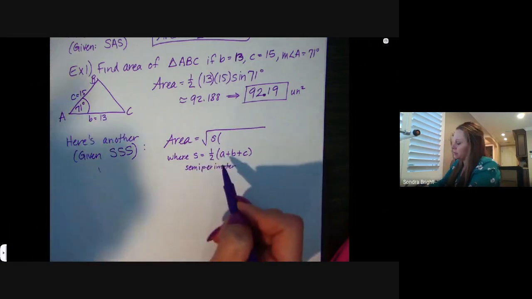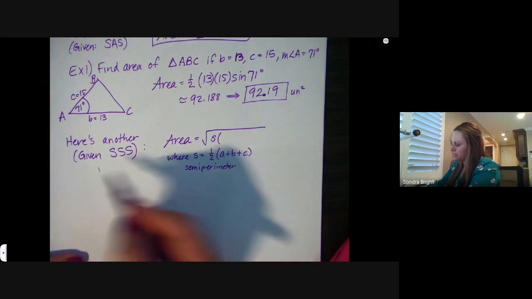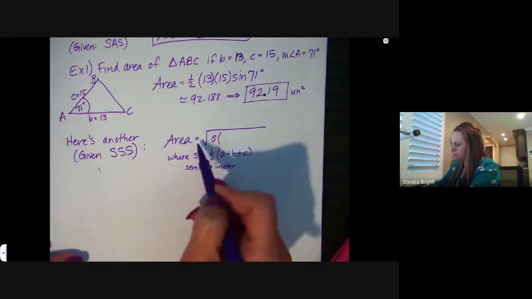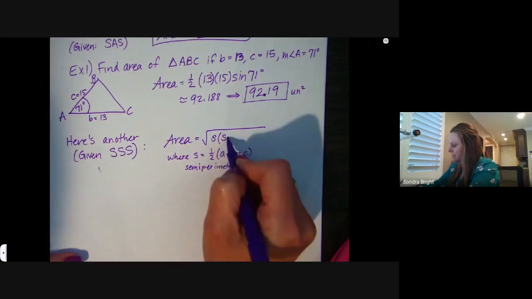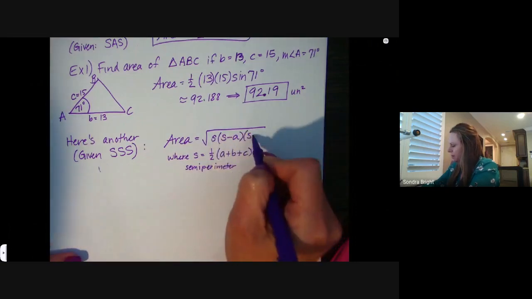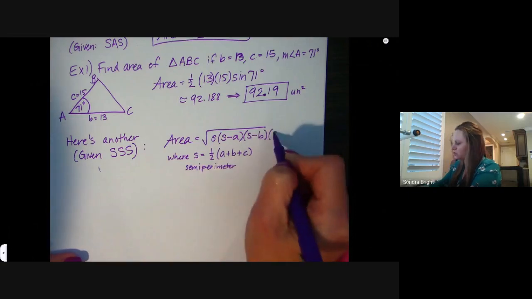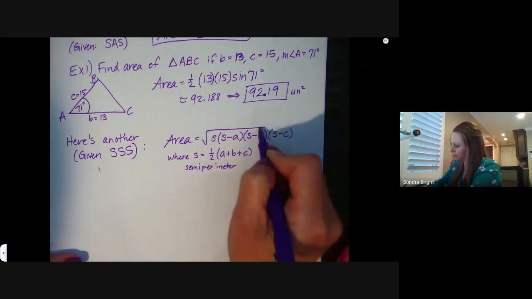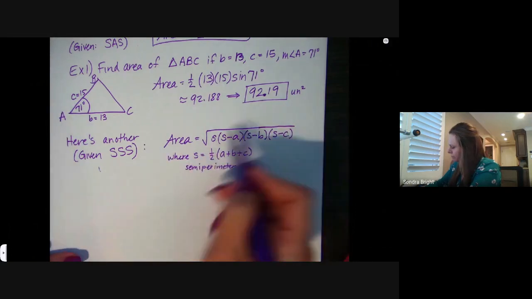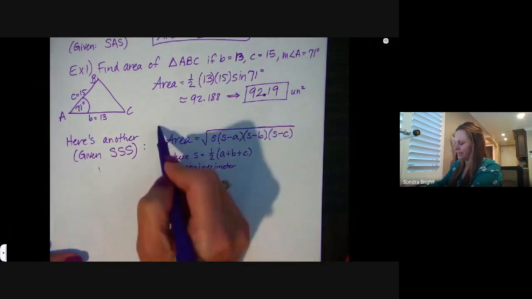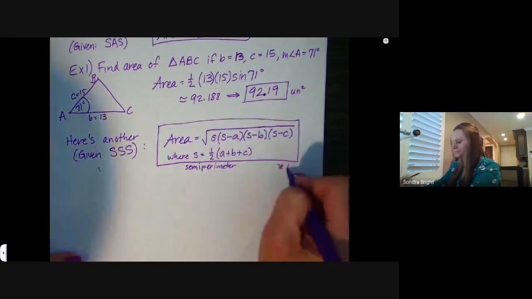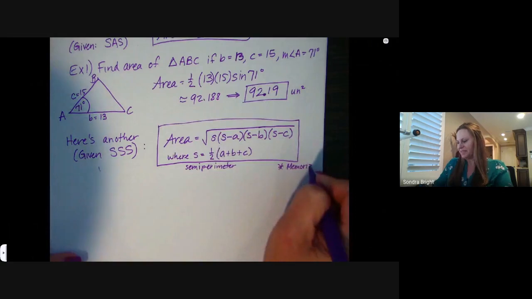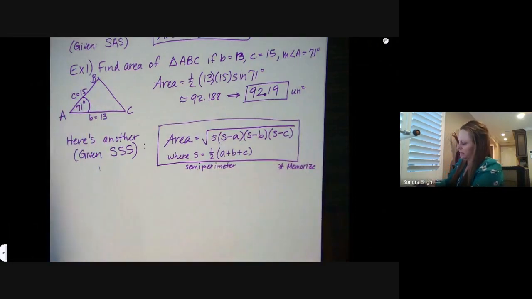Okay, so the area formula is square root of semi-perimeter times the semi-perimeter minus side A times the semi-perimeter minus side B times the semi-perimeter minus side C. Take the square root of that whole thing. Yes, you should memorize it. It looks complicated, but it's not too bad, right?